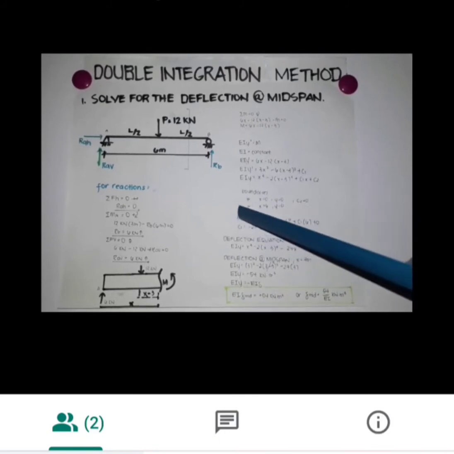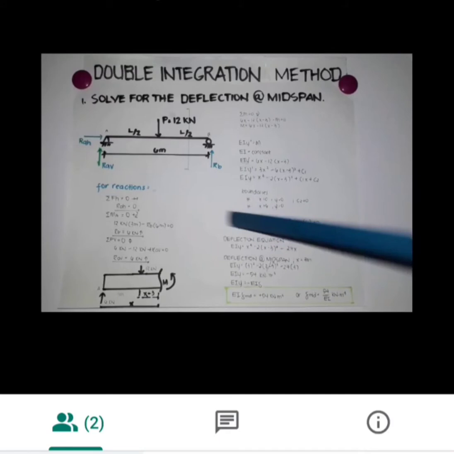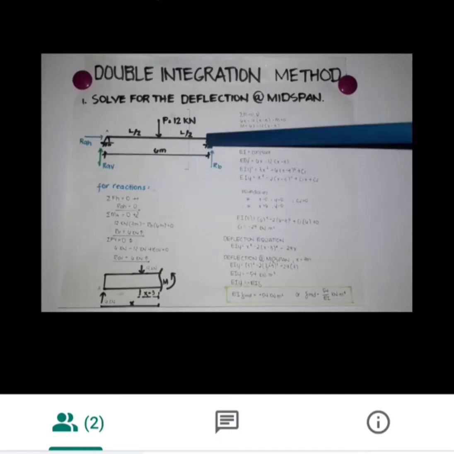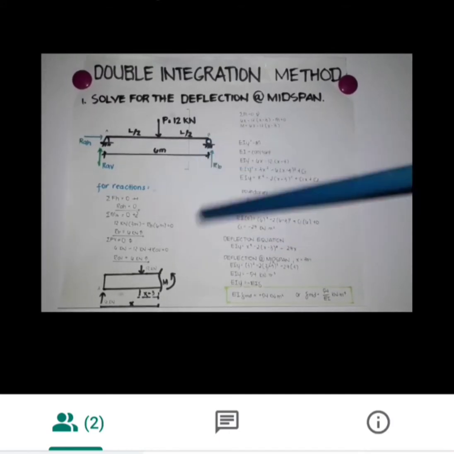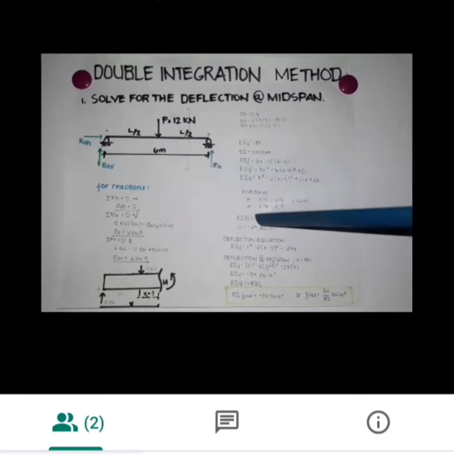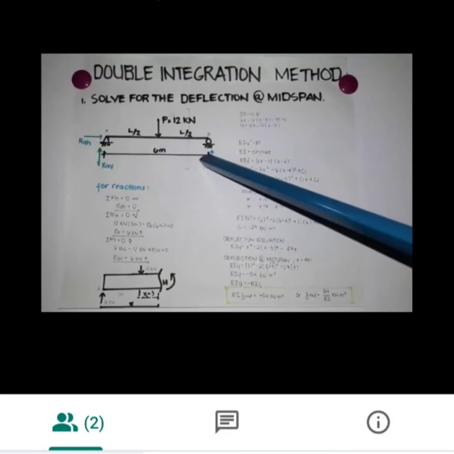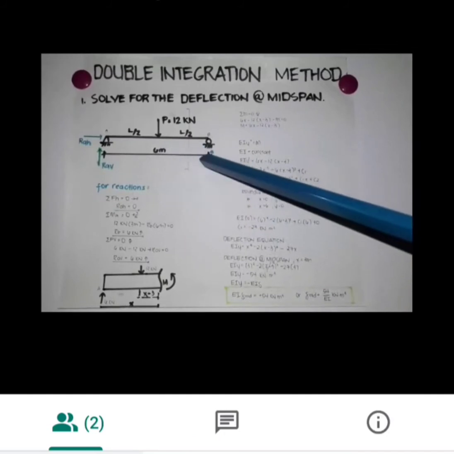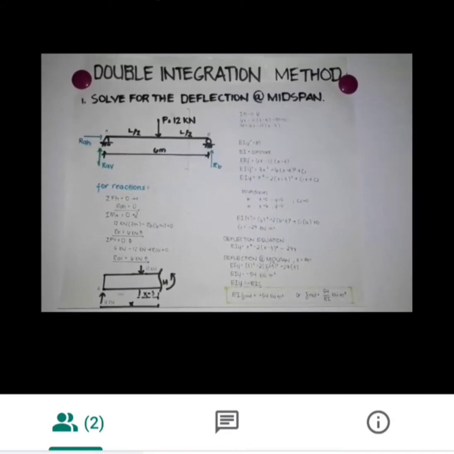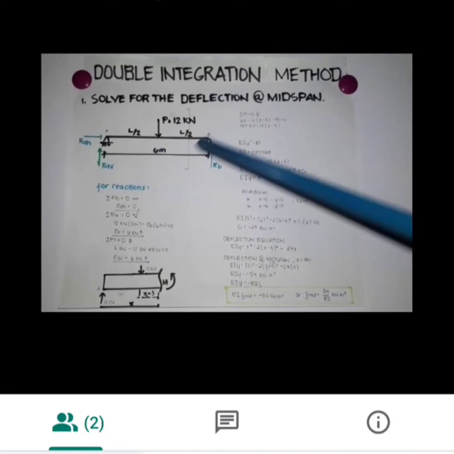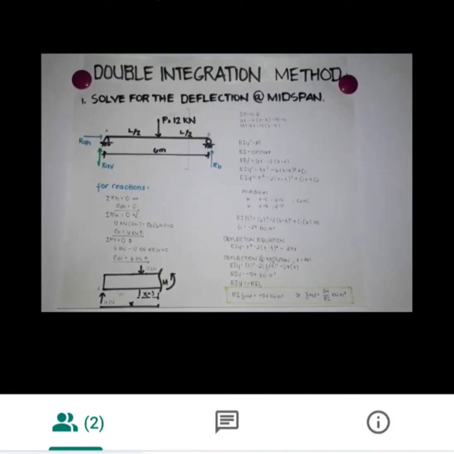And next is yung second support, which is yung roller natin. Roller support located at B, located siya sa x equal to 6 and y is equal to 0.